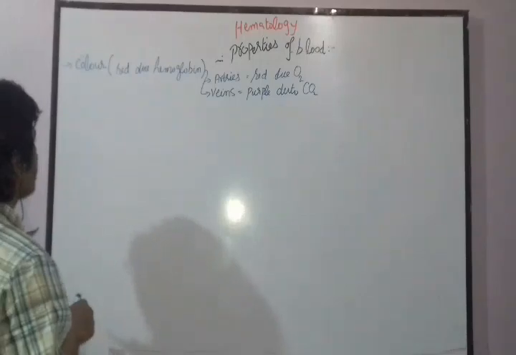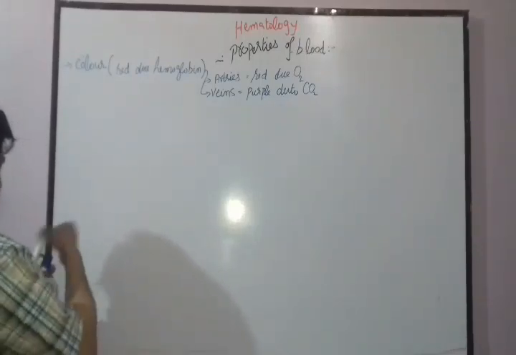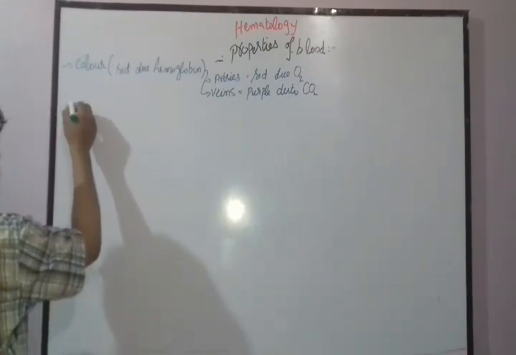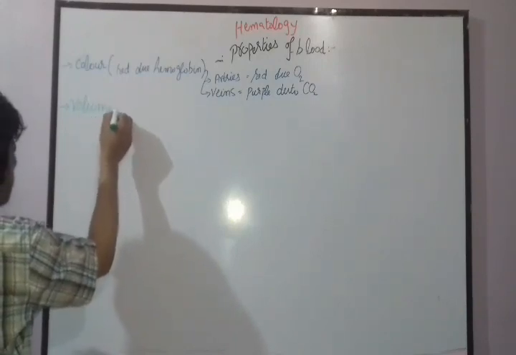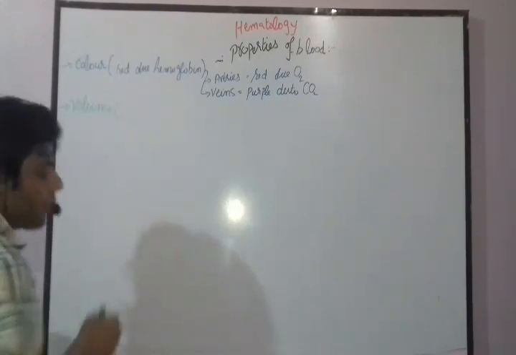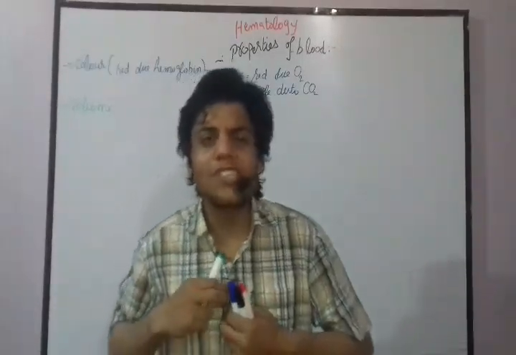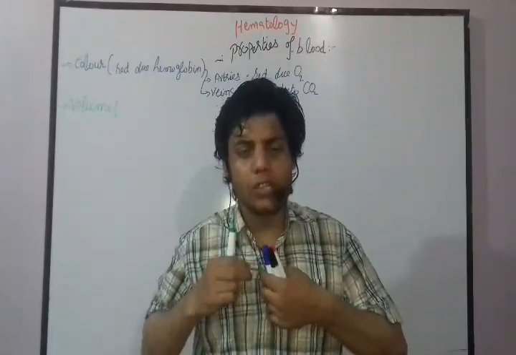Now the second property of the blood is the volume. Volume of the blood is changed by age.